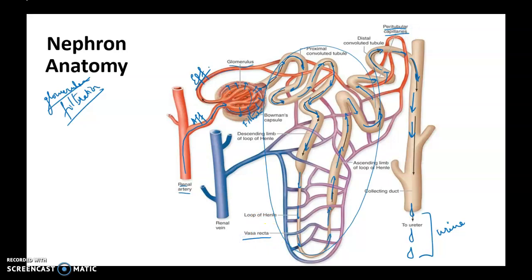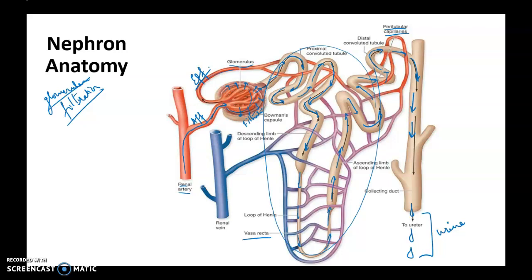Together, peritubular capillaries and vasa recta form the second capillary bed of the portal system. All right. Now, think. At the glomerulus, I mentioned that glomerular filtration takes place, and the filtrate slowly starts moving through the PCT, loop of Henle, DCT.